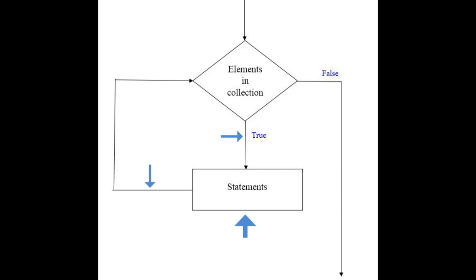As long as elements within a collection, within an array, have yet to be iterated over, then the condition is true, and therefore statements within the for each loop are executed. As soon as all the elements within a collection have been iterated over, then the condition is false, and therefore any lines of code after the for each loop are then executed, and the code continues from there.